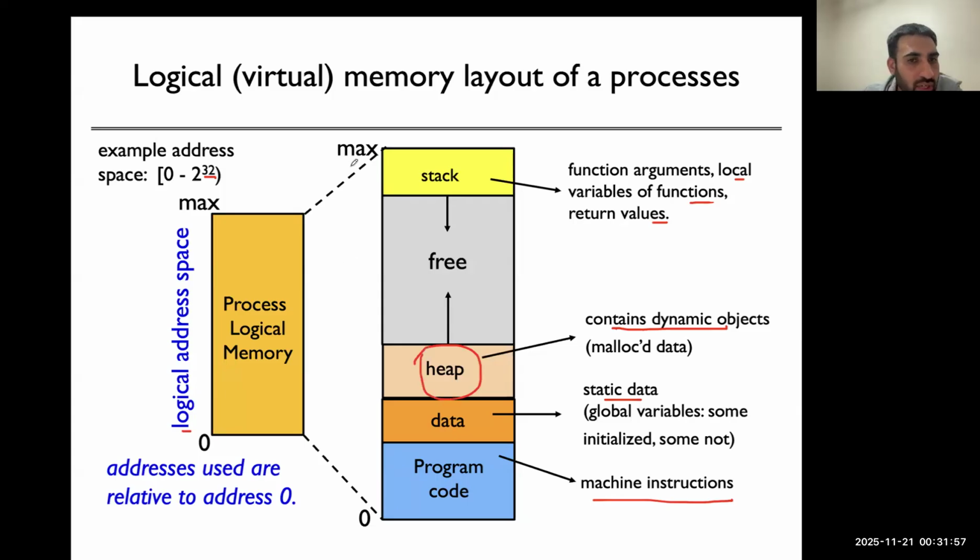Again, we are having all this discussion within the context of the logical address space. The stack grows downward and the heap grows upward. Let's not say upward or downward, but let's say they grow towards each other.